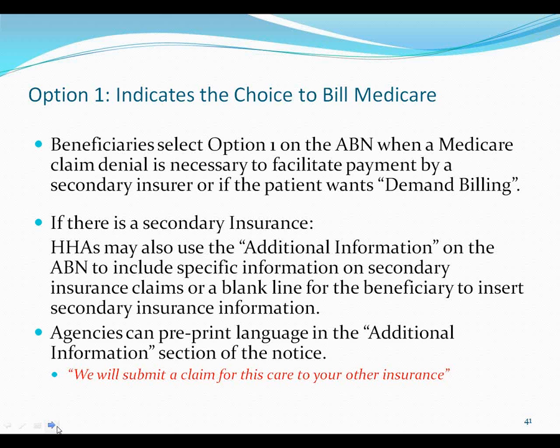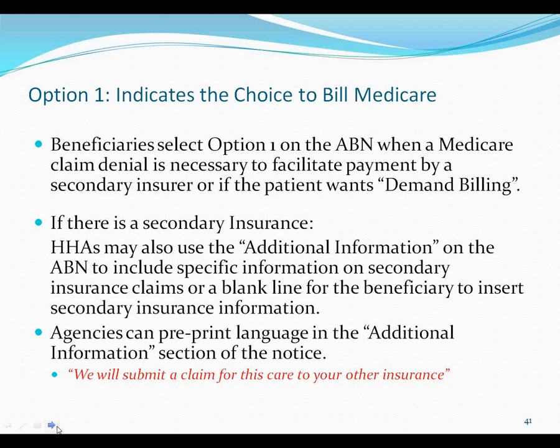And I received a transmittal from Mass Health this Monday also. So for option 1, this actually indicates the choice to bill Medicare. And you would do this if the patient has a secondary insurance that wants a denial from Medicare, or if the patient actually wants the demand billing process.